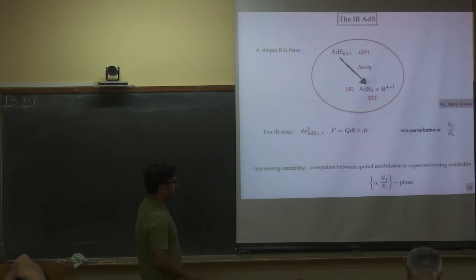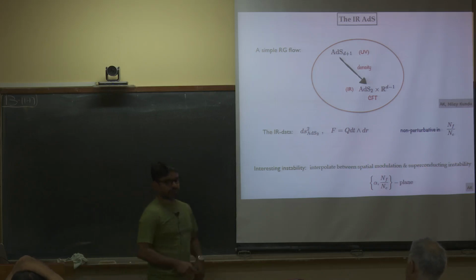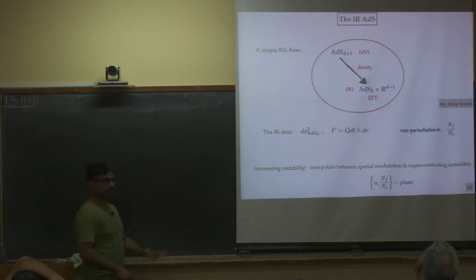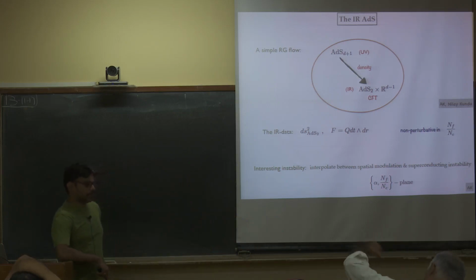And in that free parameter plane, this alpha and N_f over N_c plane, you can actually see that if you tune these parameters, there's a particular spatial modulation and a particular superconducting instability that you can bridge in between by tuning these two parameters. So you might say that this sort of looks like that instability in QCD, which you might expect otherwise. I understand the spatial modulation because you can get these density waves.